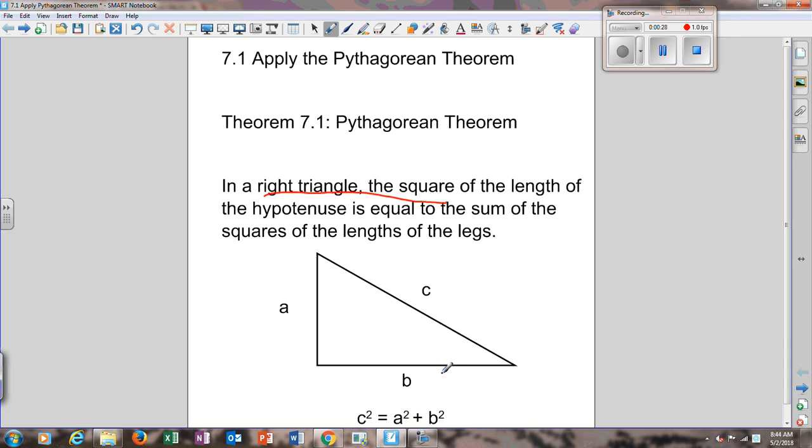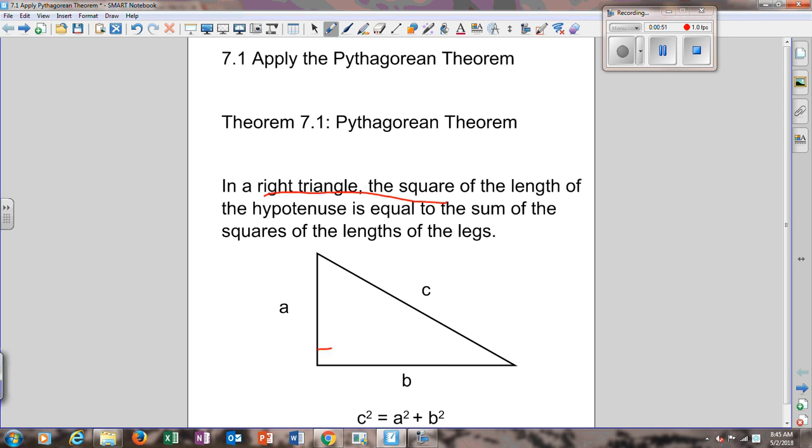But in a right triangle, the square of the length of the hypotenuse is equal to the sum of the squares of the lengths of the legs. All of you have learned the Pythagorean theorem at some point already. So it's a squared plus b squared equals c squared. A and b have to be your legs.